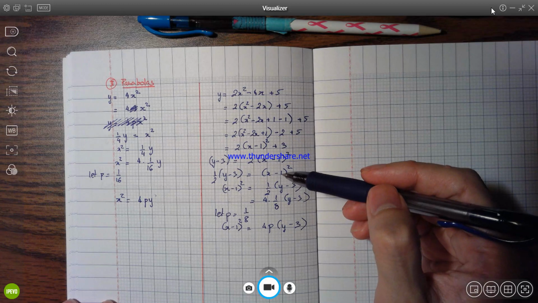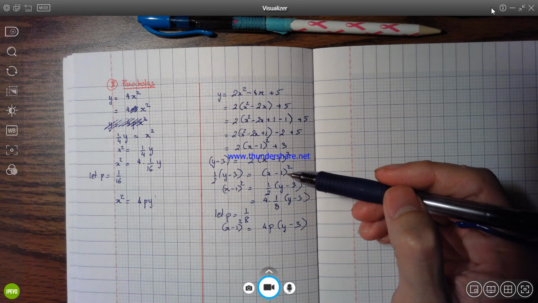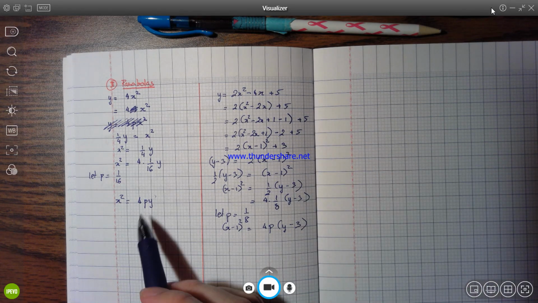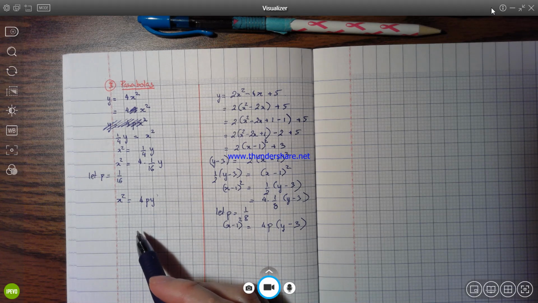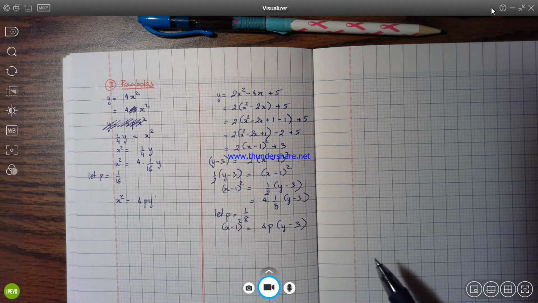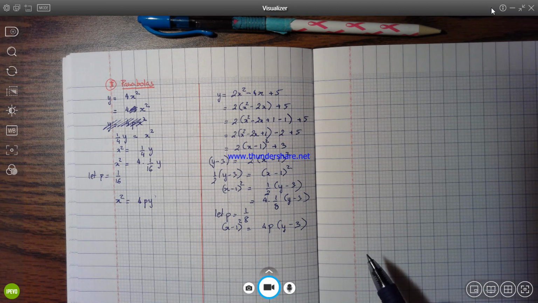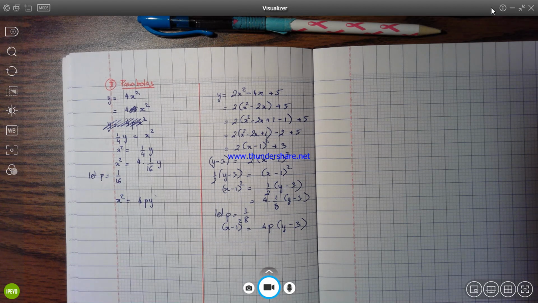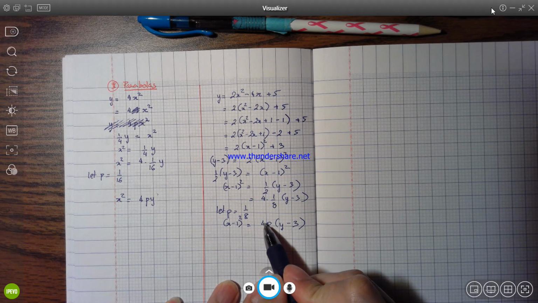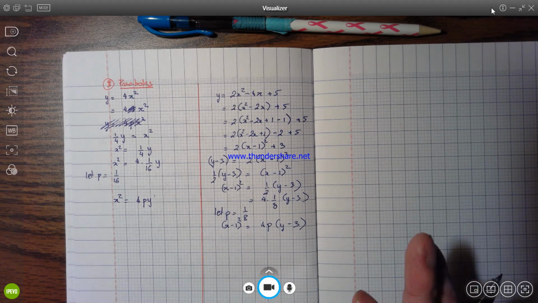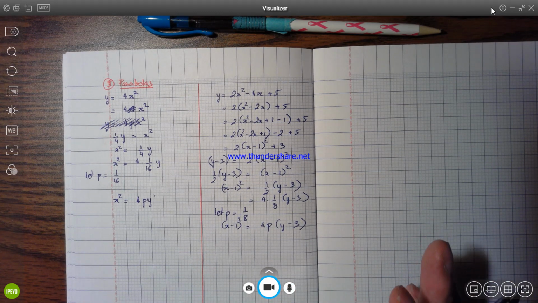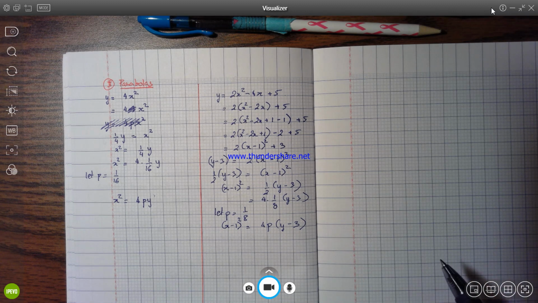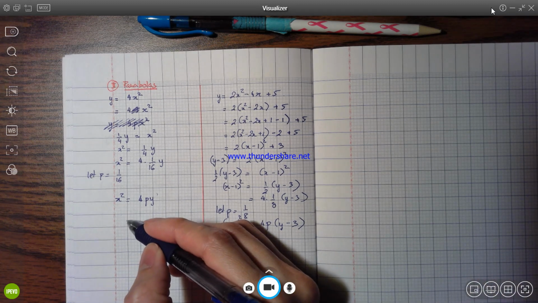So basically we can graph it, right? Right now we don't know what p means. We just know that p is 1 over 16, and we know the p over here is 1 over 8. But graphically, we don't know what p means on the graph. So we're gonna just go ahead and graph it.